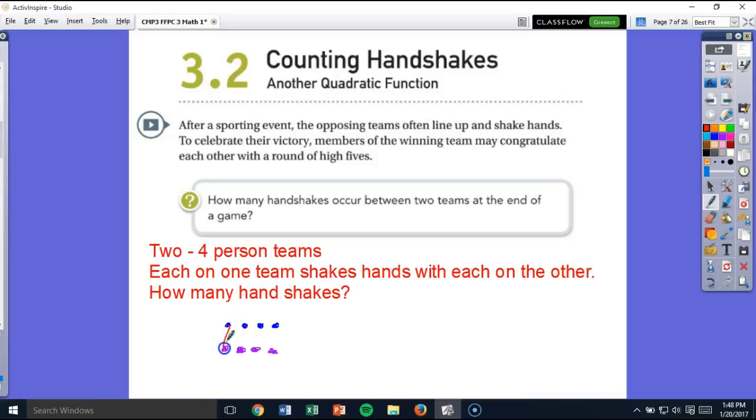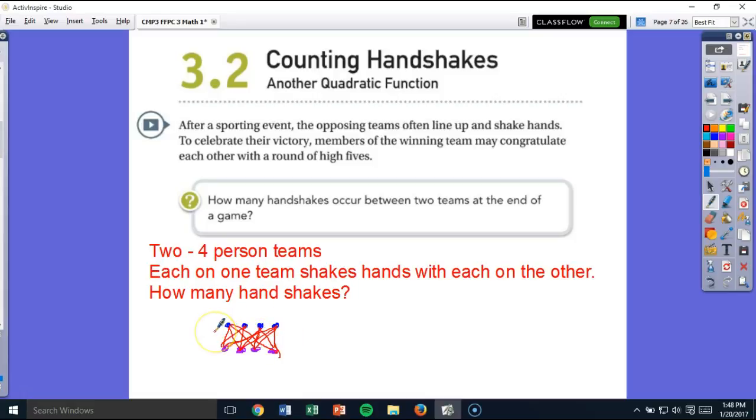So this person is going to shake hands with this one, and this one, and this one, and this one. So he, or she, had 4 handshakes. This teammate is also going to have 4 handshakes, as is this one, and this person is also going to shake 4 people's hands. And in doing that, each of these people on the purple team shook 4 people's hands.